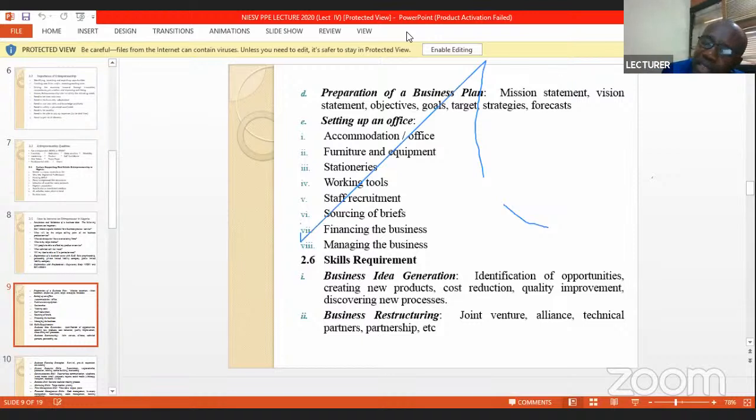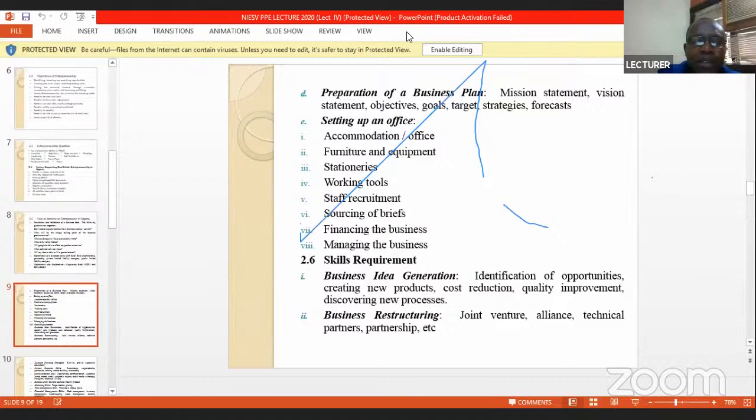These management functions include planning, organizing, directing, and controlling. So when you are managing a business, you must plan, you must organize, you must direct, you must also control. Very, very important.